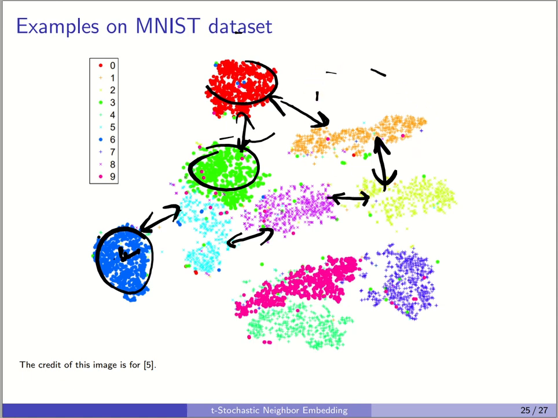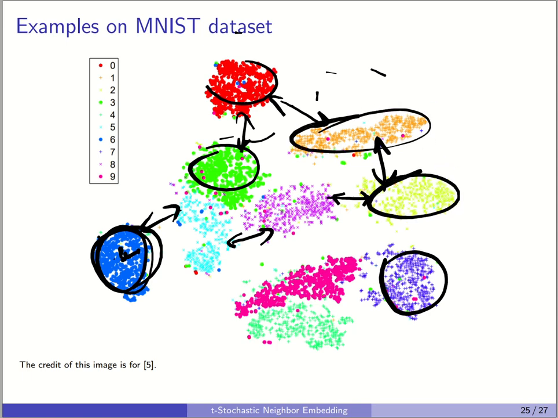But if you do early exaggeration, the intra-class variances become small, so the classes separate better. And then in later iterations, you care about the gaps. So you say, now that in the initial iterations the similar points have become close to each other, now let's move the classes away from each other. This is what t-SNE does.